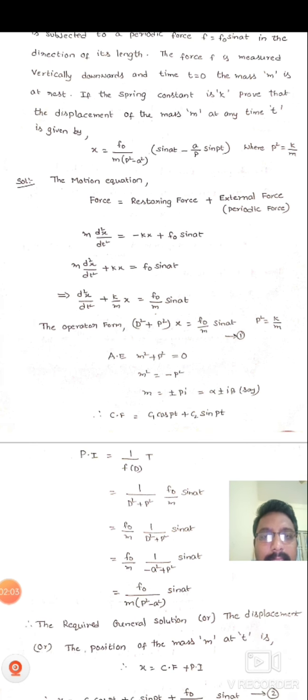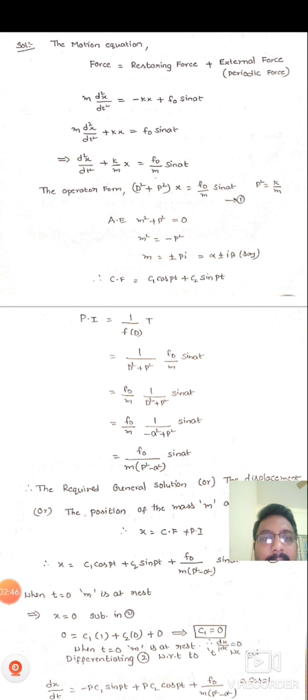To get the required displacement, to solve the equation, first we have to take the operator form. For this we use the operator D, where D stands for the differential operator, that is D is d by dt. So using the differential operator, the operator form is D square plus p square of x equals F naught by m into sin at.